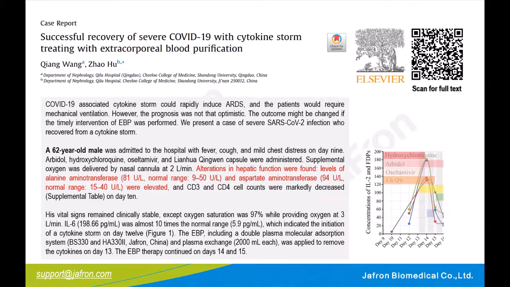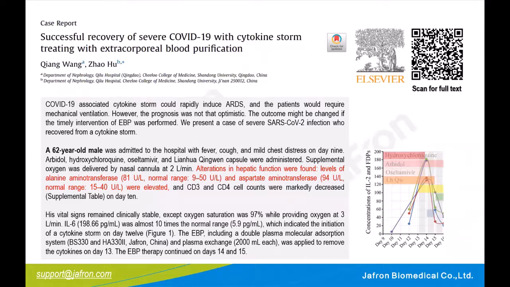As we know, the DPMAS is especially for the patient with hepatic failure or hepatic dysfunction, and according to the expert point of view, the organ cluster was obviously seen during COVID-19, and maybe firstly the patient was attacked on the lung, but then the patient's renal and or their liver will also get injury.